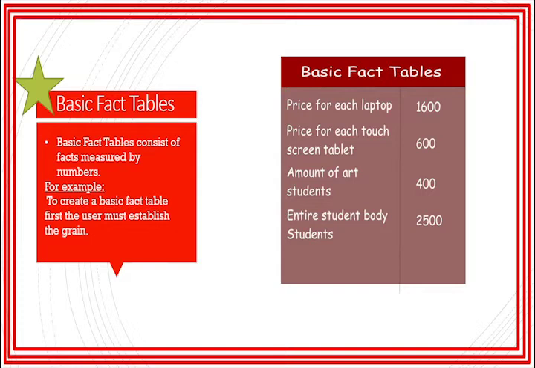For example, price for each laptop, $1,600. Price for each touchscreen tablet, $600. Amount of art students, 400. Entire student body, 2,500. This basic fact table is demonstrated by listing only the information needed to complete the fact table.